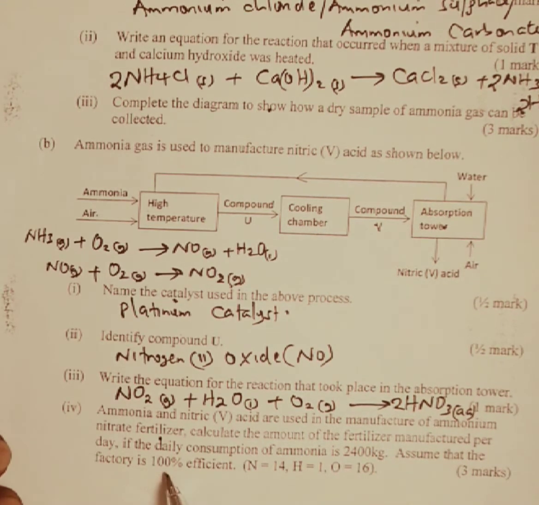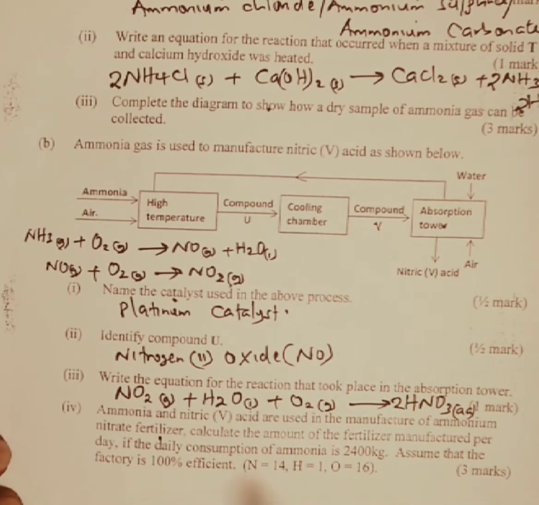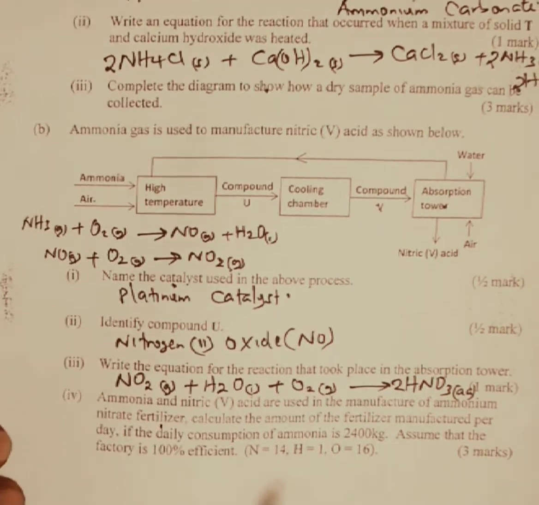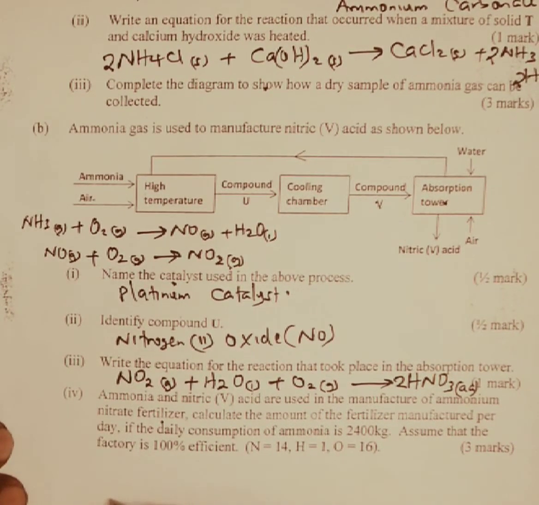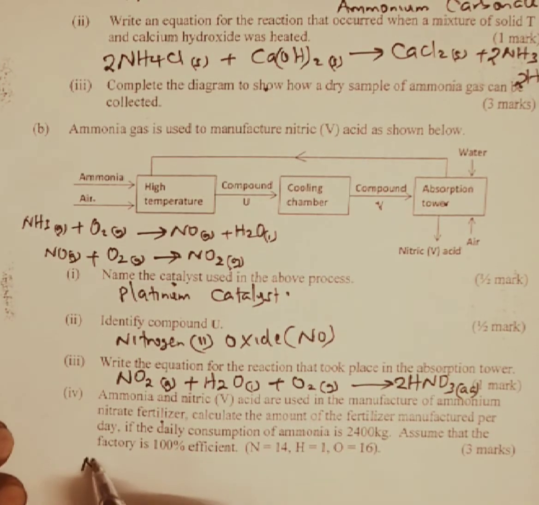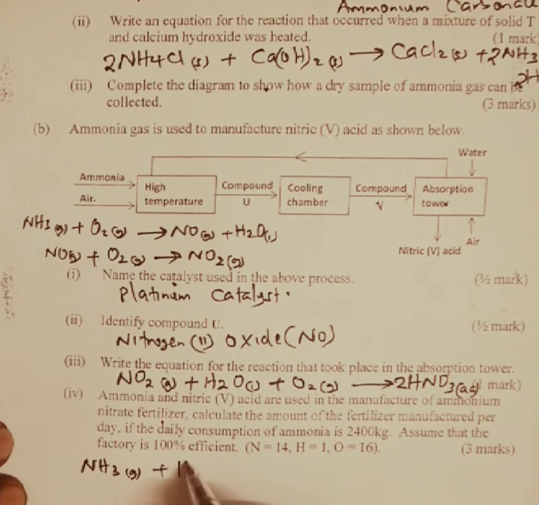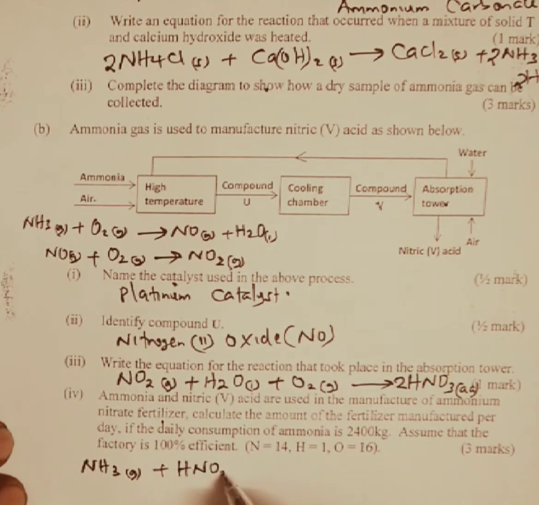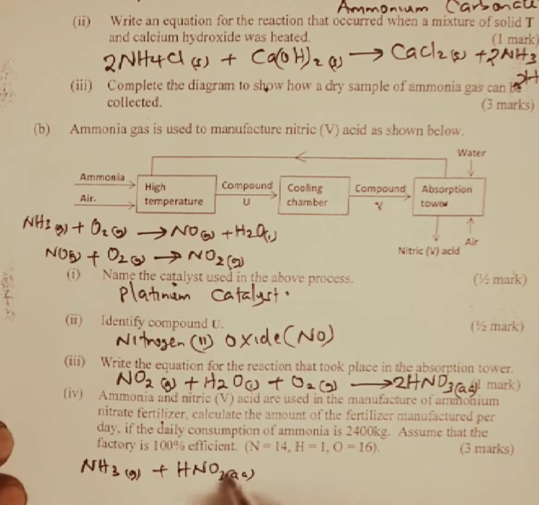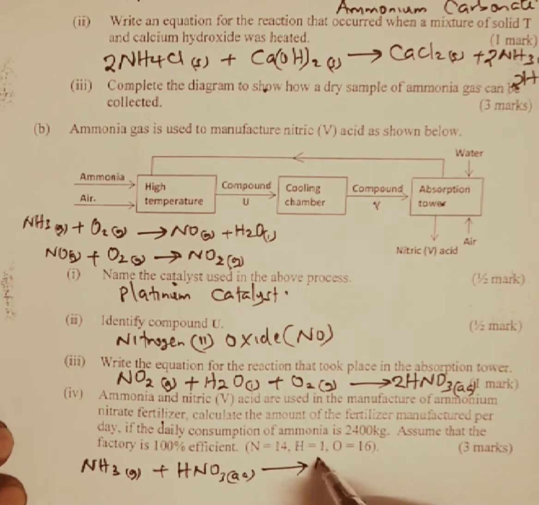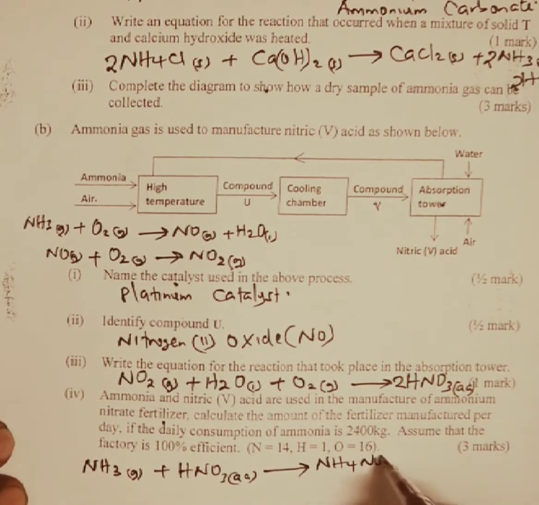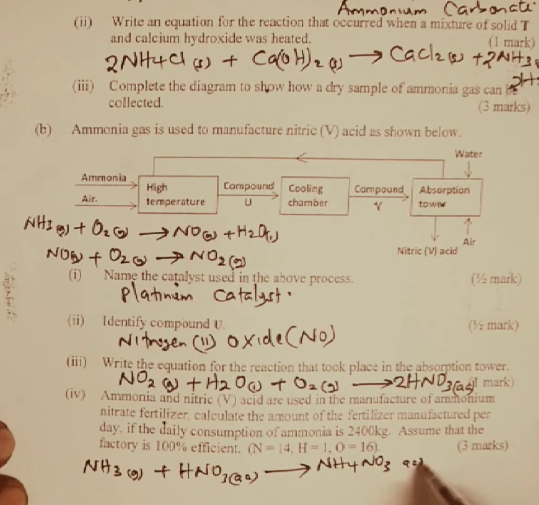Assume that the factory is 100% efficient, for us to get 3 marks. So the first thing we need to do is to write an equation between ammonia gas and nitric acid, which produces ammonium nitrate fertilizer.